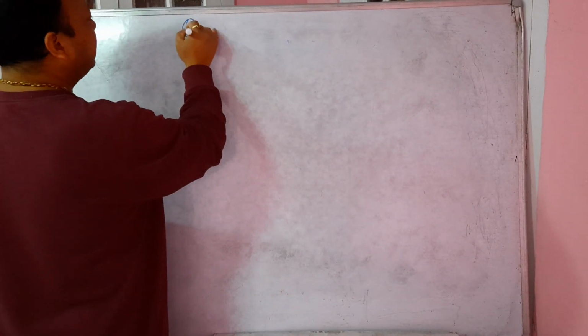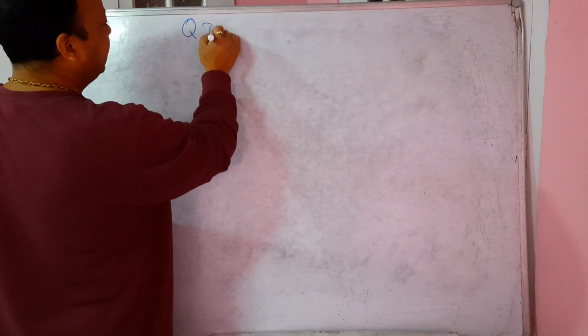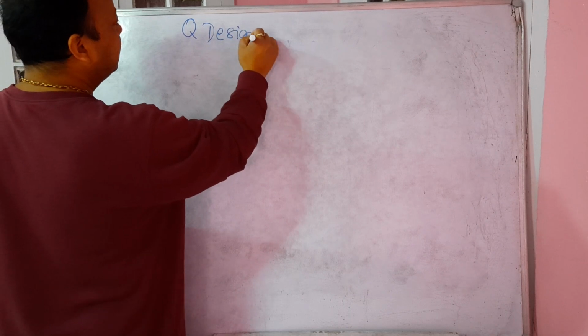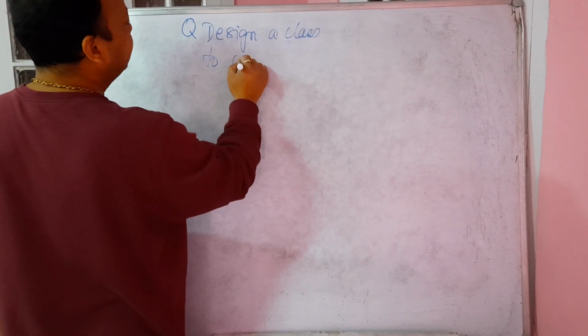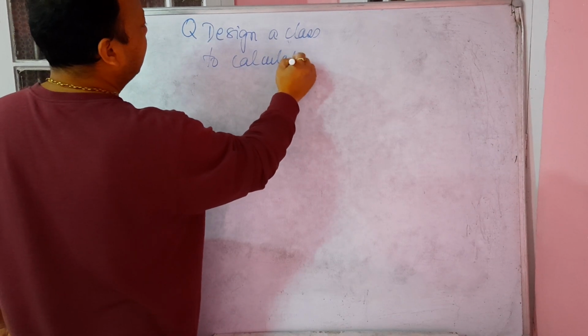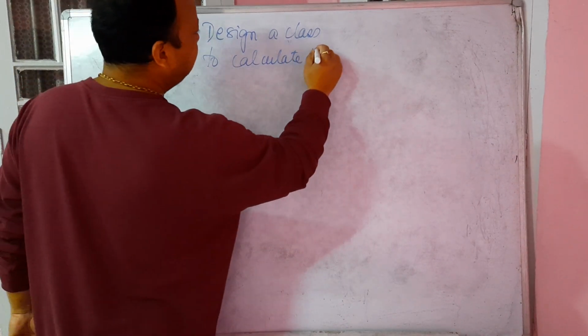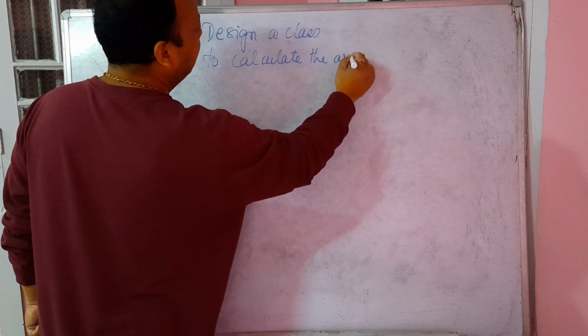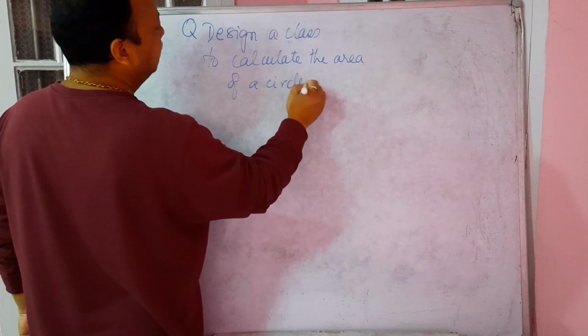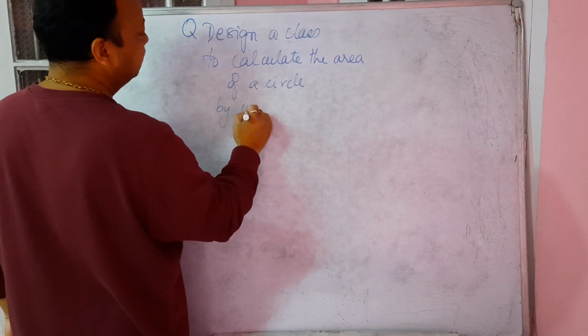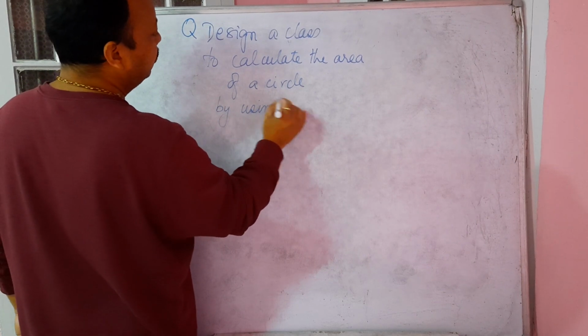Let's see how we can implement this. We try to write a program. The question is: design a class to calculate the area of a circle by using two functions.